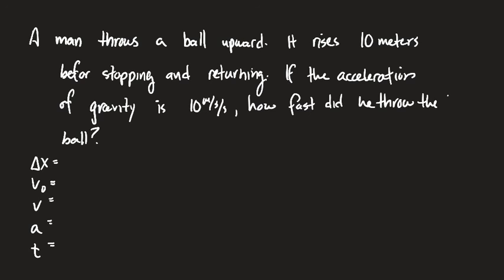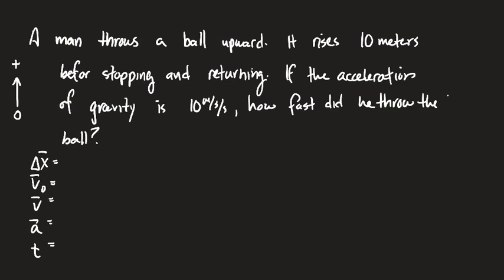There are several things you should do at the start of a problem like this. Like establish what direction you want to be positive. Is upwards going to be positive, or is downwards going to be positive? You can choose this. I'm going to choose upwards to be positive. That's something that has to be applied to any of the variables that have the bar.